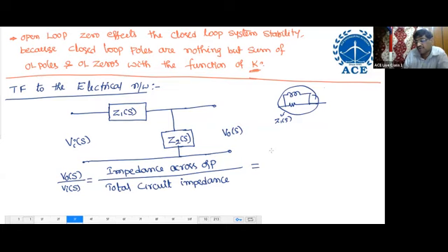What is impedance across output? Z2 of S. Total circuit impedance is Z1 of S plus Z2 of S. So V naught of S by VA of S equals Z2 of S by Z1 of S plus Z2 of S. That's all.